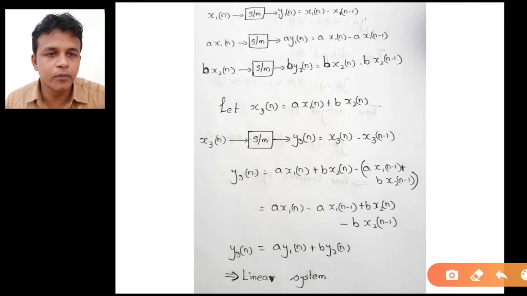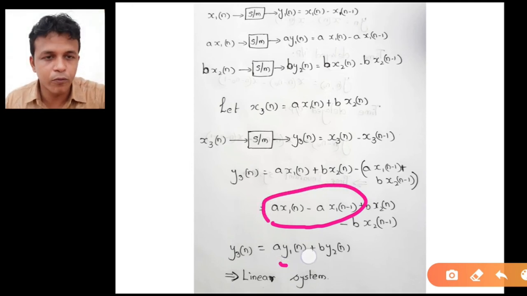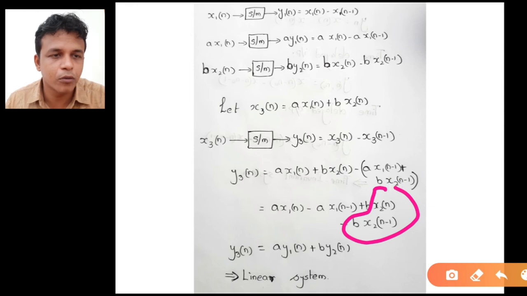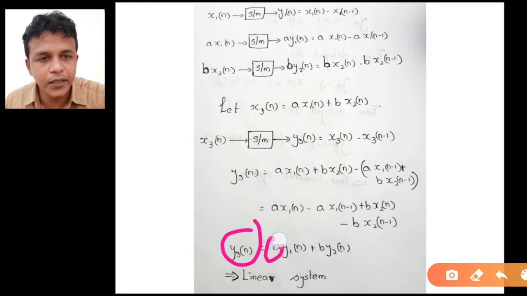When we solve it, we will be getting a into x1 of n minus a into x1 of n minus 1, which is nothing but, when we take a common outside, a into y1 of n. Similarly, b into x2 of n minus b into x2 of n minus 1, when we take b common outside, is b into y2 of n. So y3 of n is equal to a into y1 of n plus b into y2 of n.